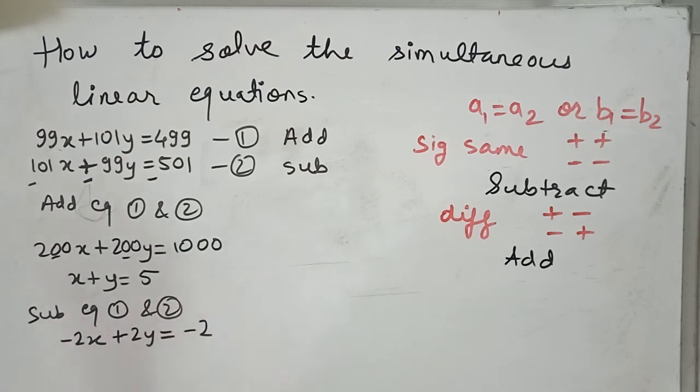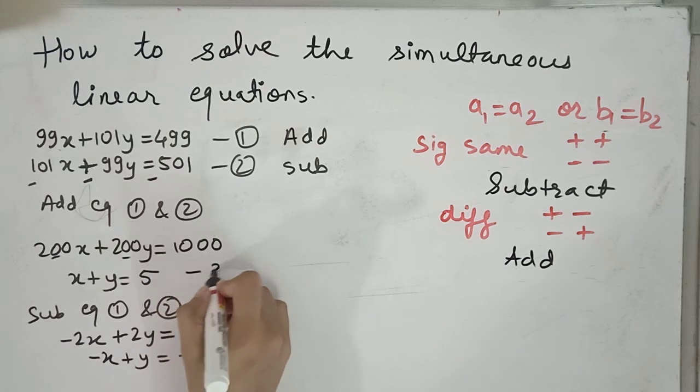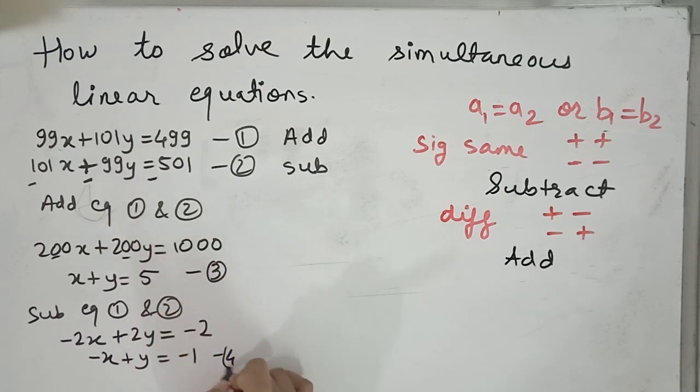So we will divide the equation by 2, that will be minus x plus y is equals to minus 1. So this is our third equation and this is our fourth.